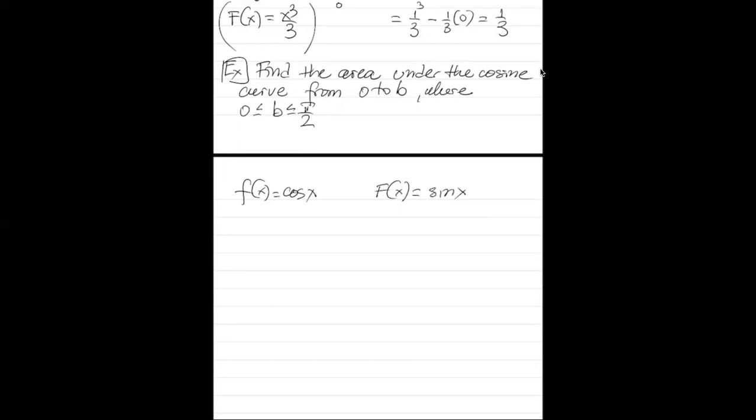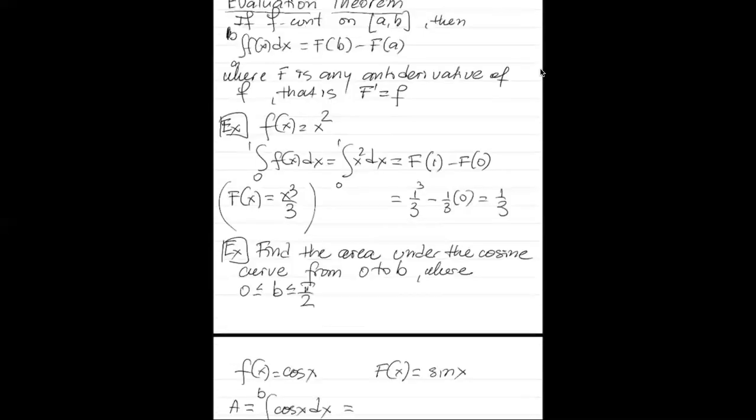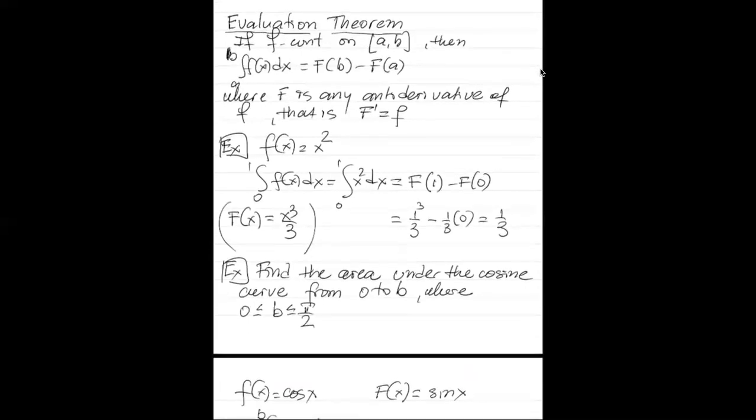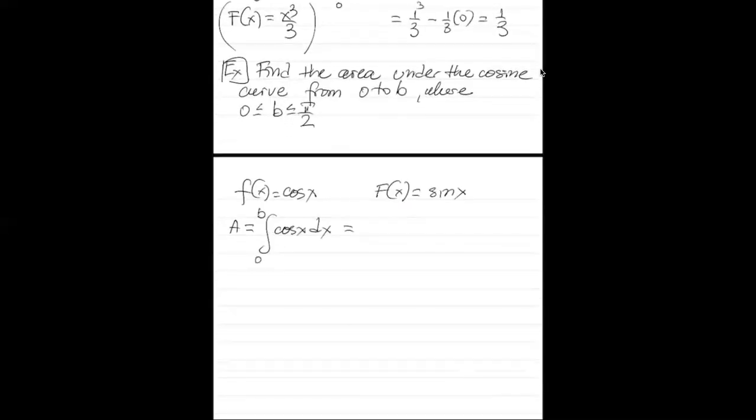We already learned about antiderivatives in chapter 3. So the area is the definite integral from 0 to b of cosine x dx, which, according to our evaluation theorem, is sine of x evaluated from 0 to b.